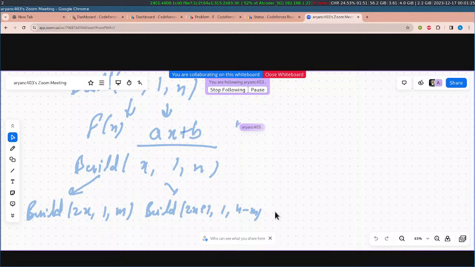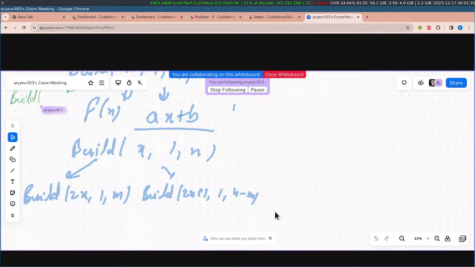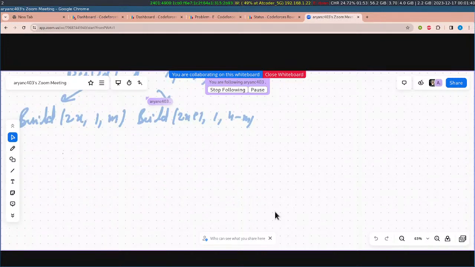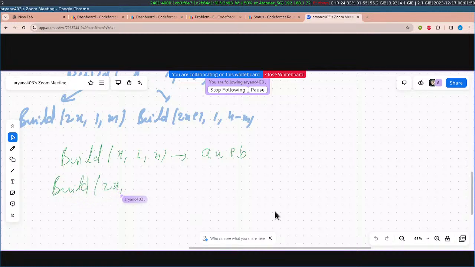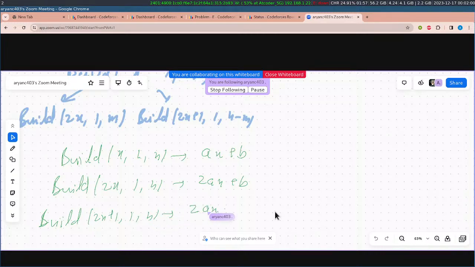And if build x comma 1 comma n is ax plus b, then build 2x comma 1 comma n would be 2ax plus b, and build 2x plus 1 comma 1 comma n would be 2ax plus a plus b.